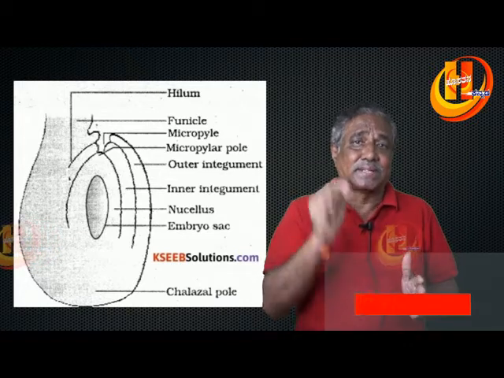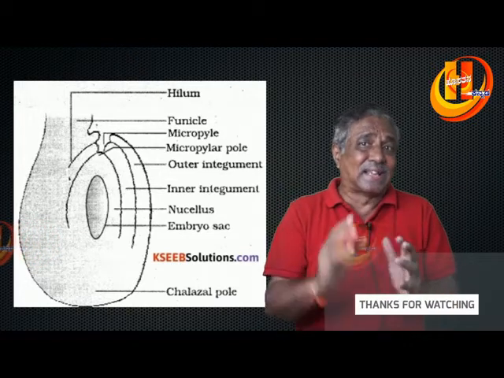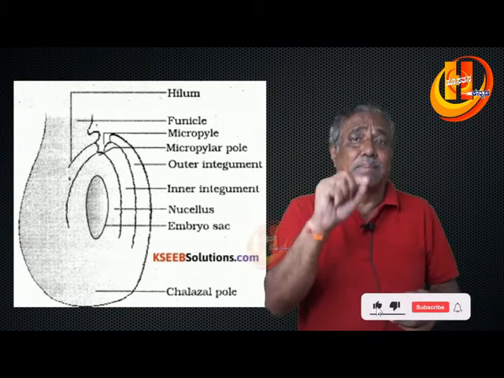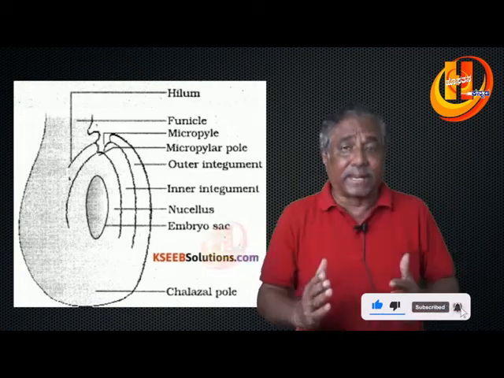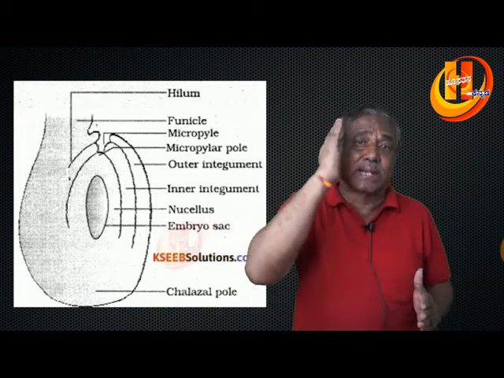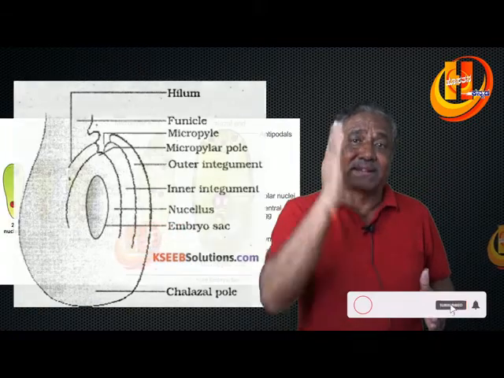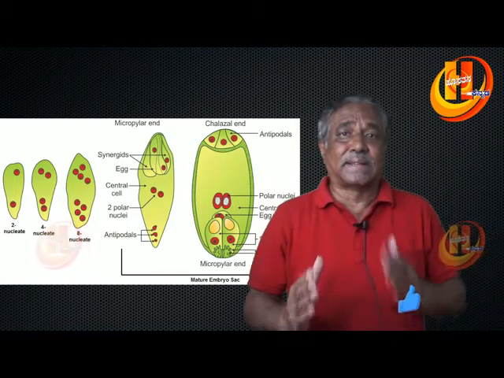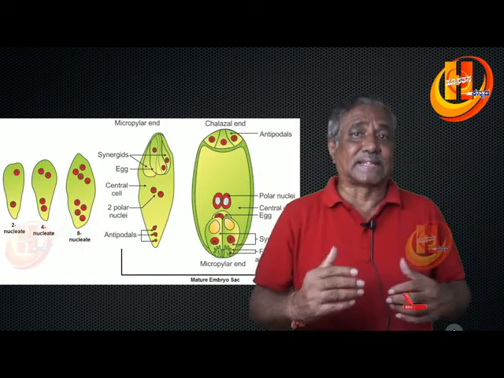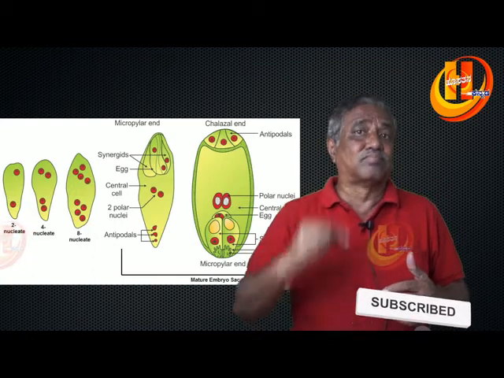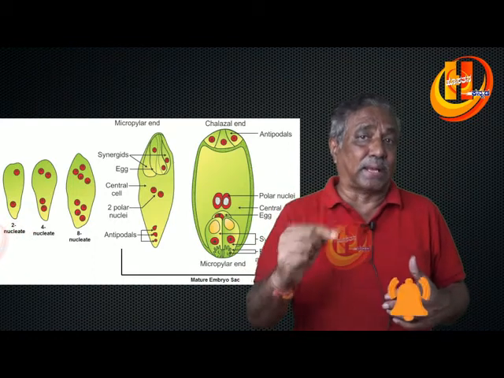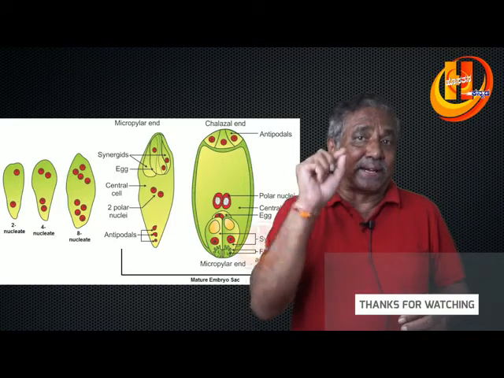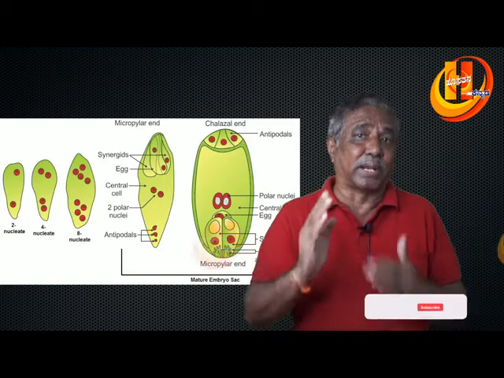The female gametophyte consists of the nucellus, and the nucellus produces the female embryo sac, which is a 7-celled 8-nucleate embryo sac. This is also very important. So the ovule consists of, once again, micropyle, chalaza, funicle, hilum, integuments, female gametophyte, that is nucellus, and embryo sac, 7-celled 8-nucleate embryo sac.